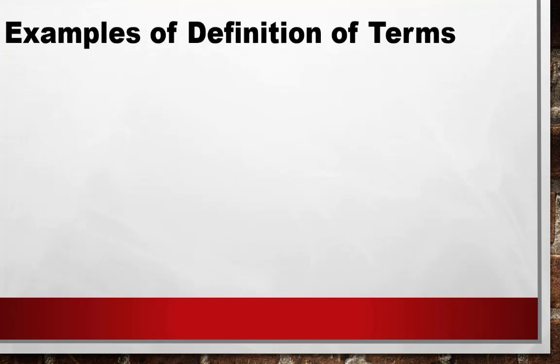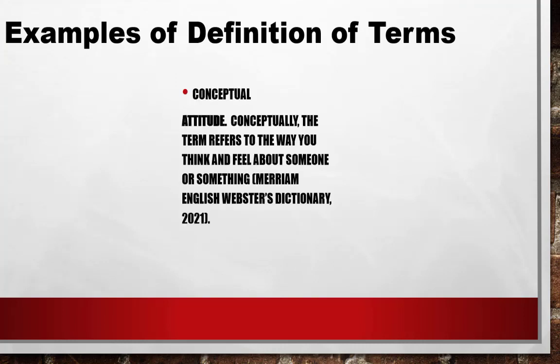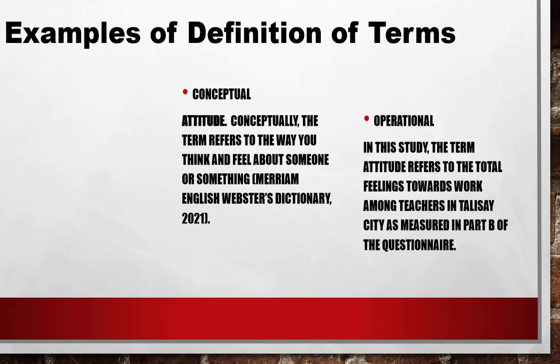Now let's have examples of definition of terms. For the conceptual, say for example, attitude. Your source here is the dictionary. You can say, conceptually, the term refers to the way you think and feel about someone or something, and then you write the source. For the operational, you can say, operationally, as used in this study, the term attitude refers to the total feelings towards work among teachers in Talisay City as measured in Part B of the questionnaire.